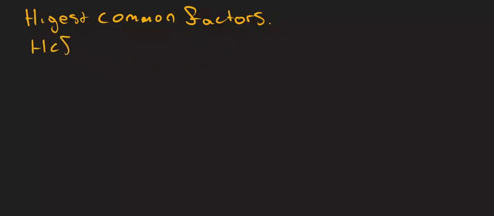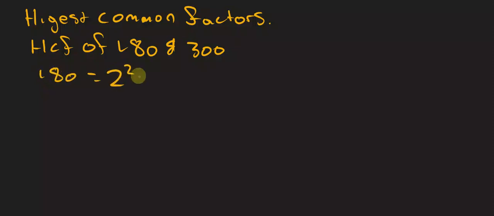This one is HCF. So if I find the HCF of 180 and 300, we said that 180 is equal to 2 squared times 3 squared times 5. Now, as an exercise, I want you to find the prime factors of 300.